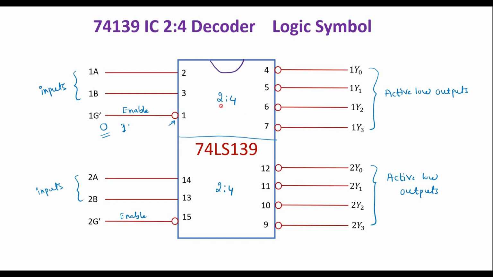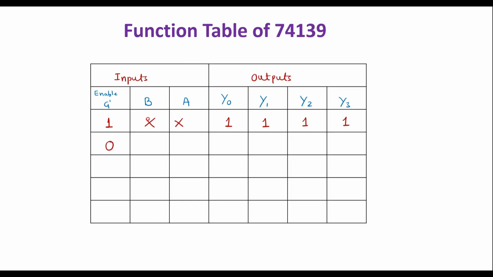So now we have to check the different possible input values. That is, with respect to A and B, we have two inputs, four possible outputs. So when B is 0, A is 0, in that case Y0 line is 0, rest all lines are 1.